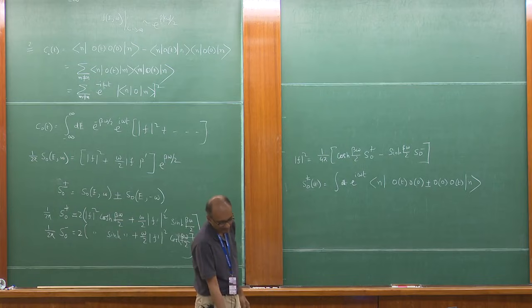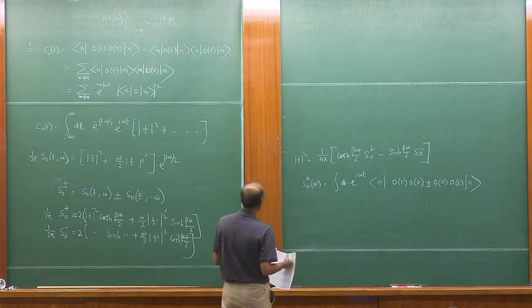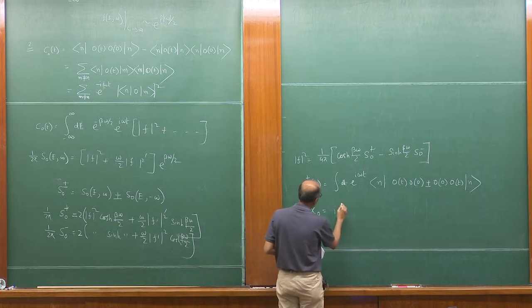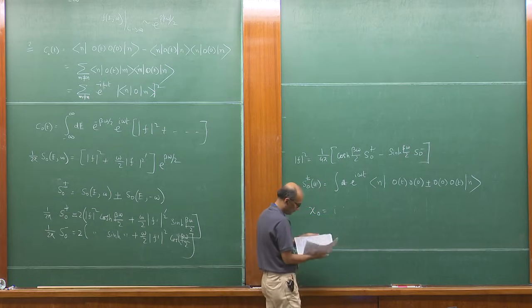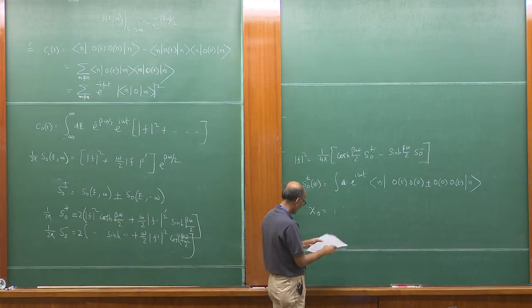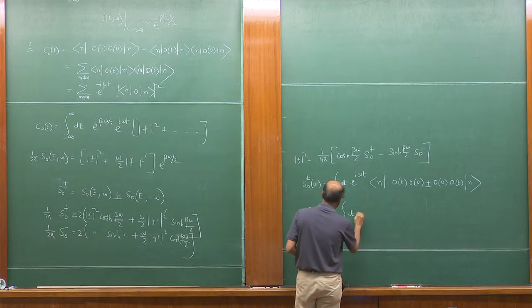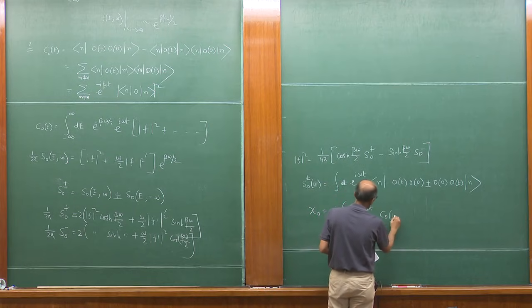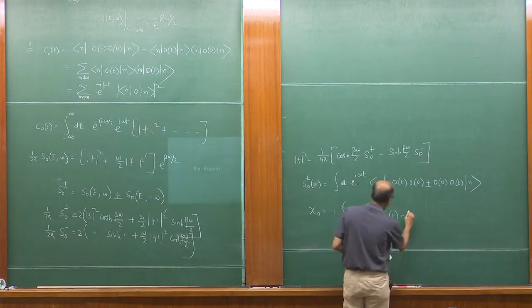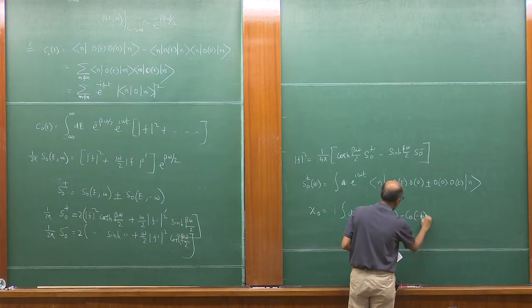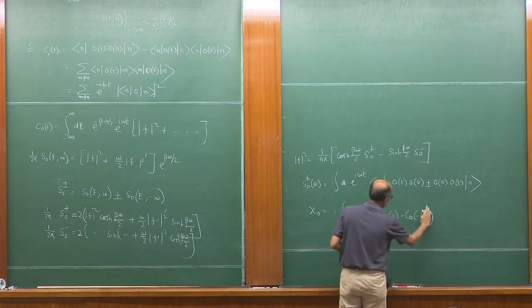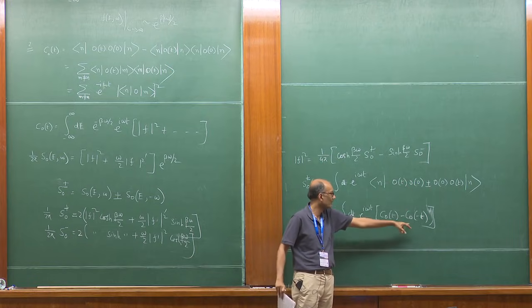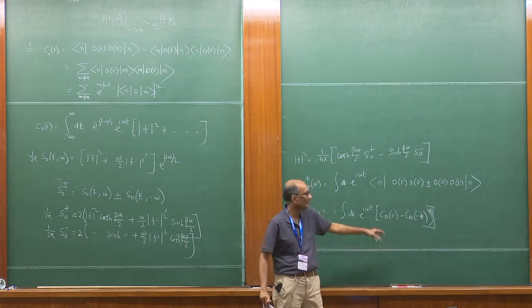So let me define this chi naught omega, which is some I times, and I'm going to write this as C naught of t, the first term, and the other one is C naught of minus t, and the difference is this commutator out here.